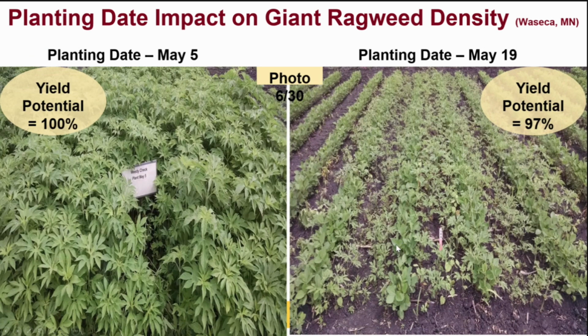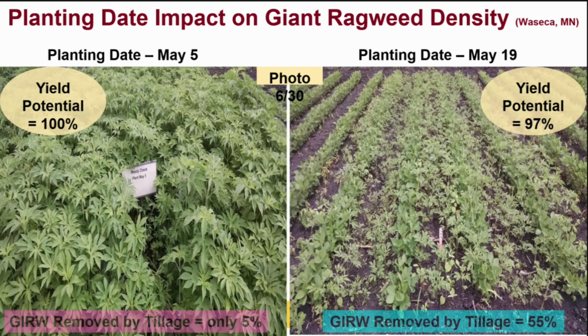There's still plenty of ragweed there to deal with, getting on the large side to control with herbicides. But if we compare what impact that 2 weeks had on weed management, that's going to make a pretty big impact on how well those herbicides might work, as well as any cultivation or other types of strategies we might be using in this system. And the reason is, going back to that earlier graph I showed, giant ragweed typically emerges early.